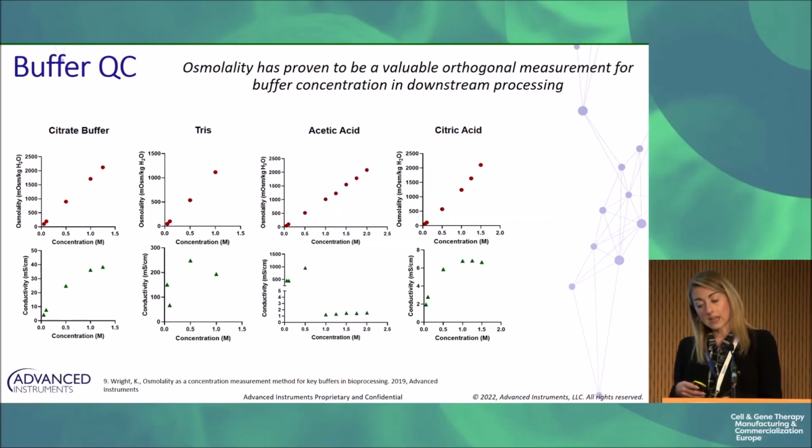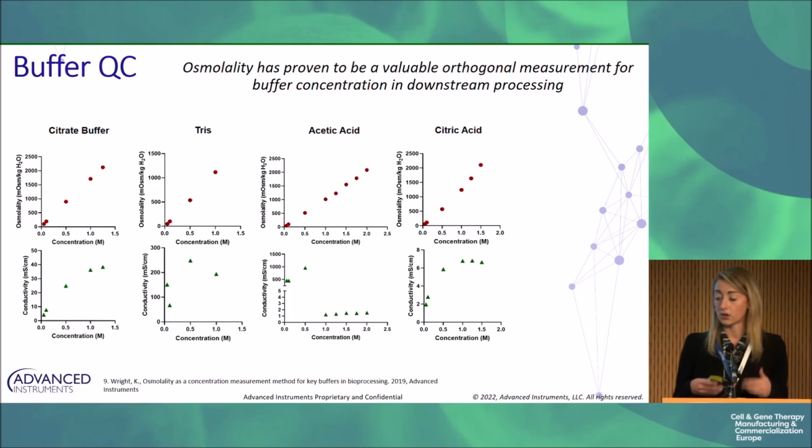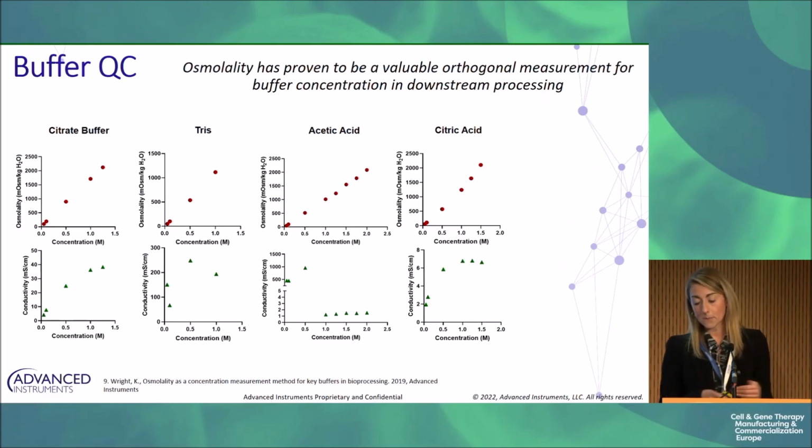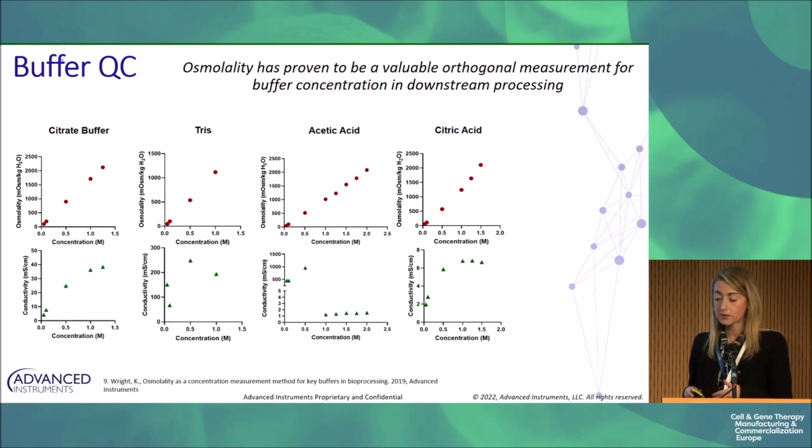We did this with pH and conductivity, and I wanted to show you the data for the conductivity measurements. On the top row here, you can see some key buffer components and an increase in concentration of those buffer components alongside osmolality readings. You can see it's quite a linear relationship. You increase the concentration, and as expected, the osmolality also increases.